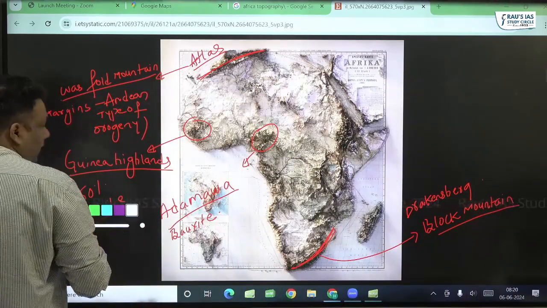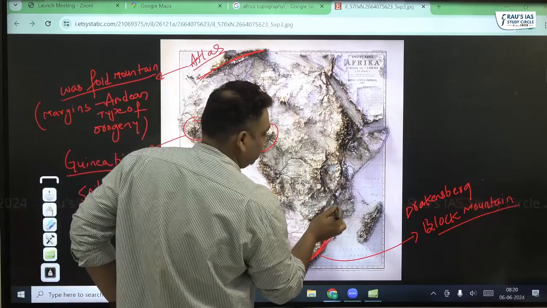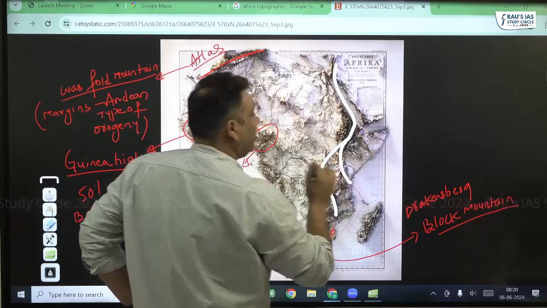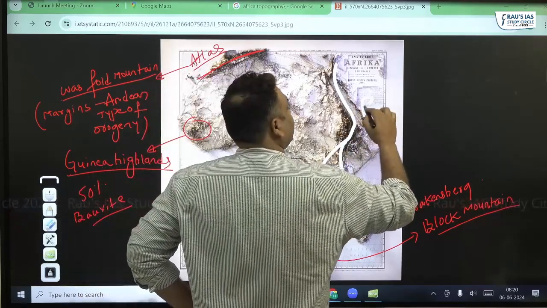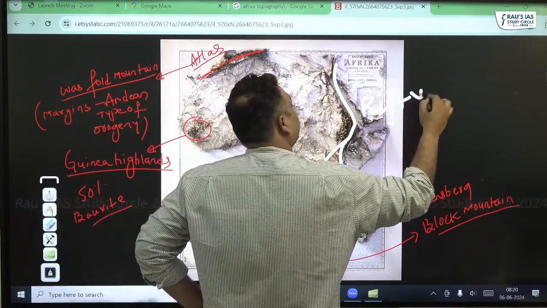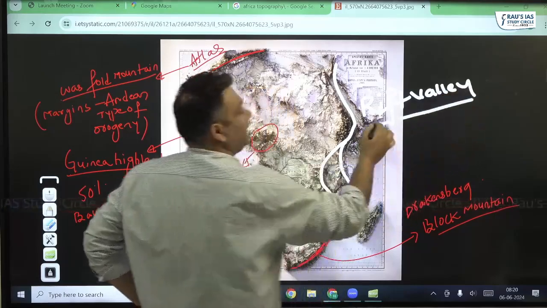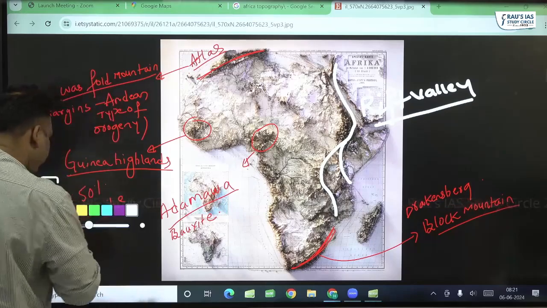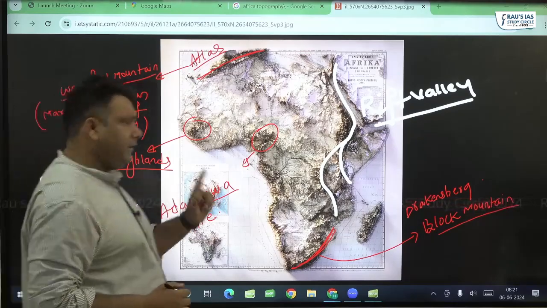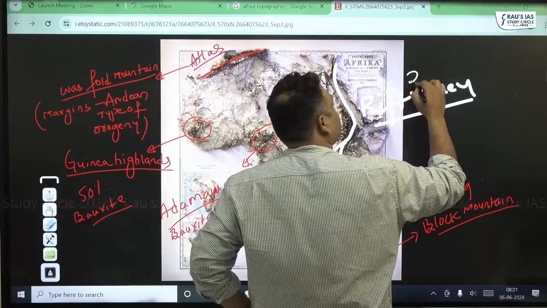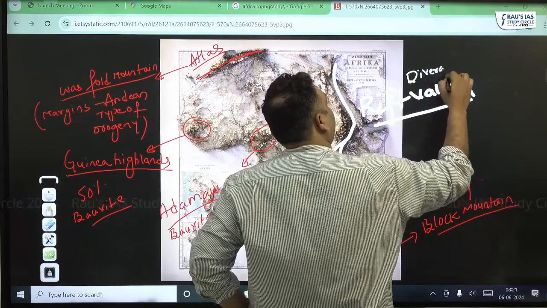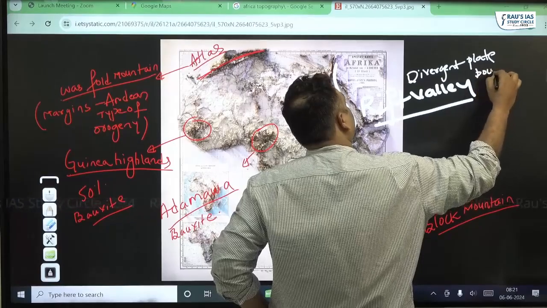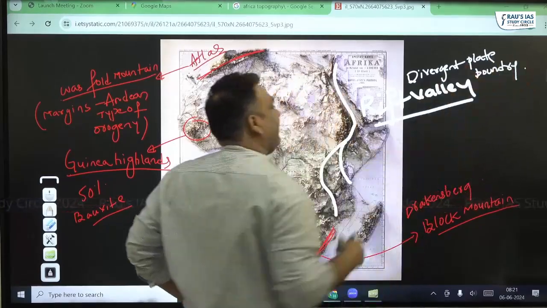And all along Africa, here you have the Rift Valley. This is the Rift Valley of Africa. This Rift Valley has been created because of a divergent plate boundary.